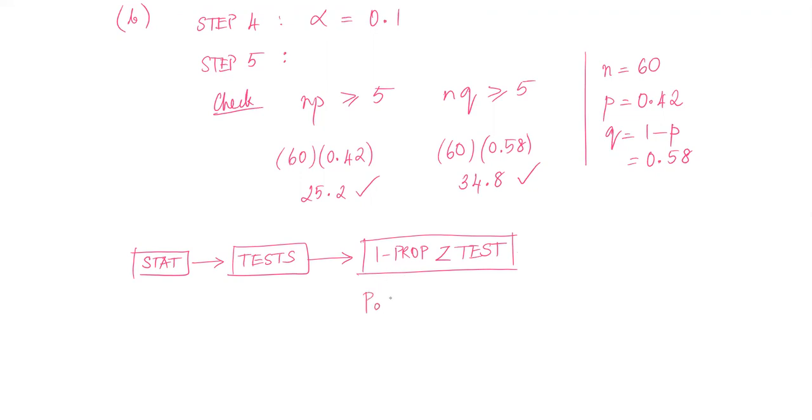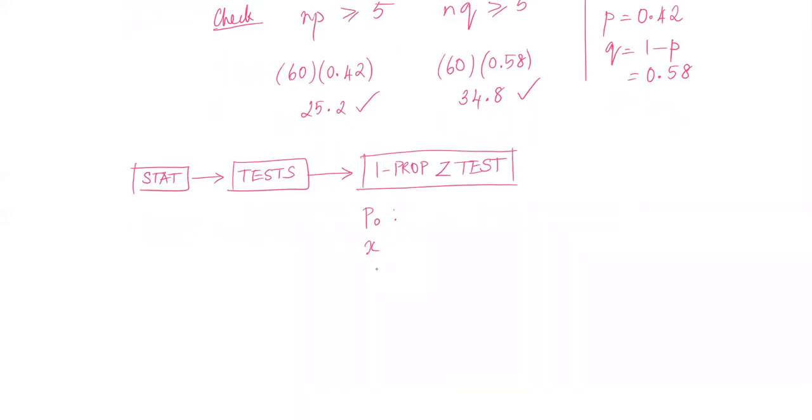Okay, so for p naught, x and n, prop not equals, sorry, p naught, because equals is always H naught, less than p naught or greater than p naught, and calculate.